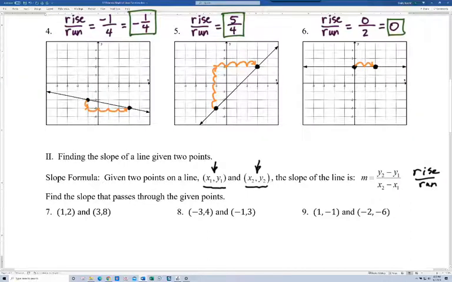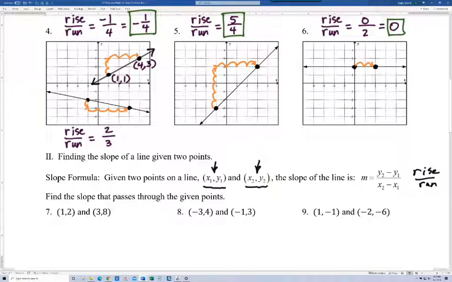Let me just show you this. On number 4, I'm going to graph number 1 from above and show you here. We had done this one, and we got the rise was 2 and the run was 3. And so what if we didn't have the graph? Well, let's go ahead and label our points here.